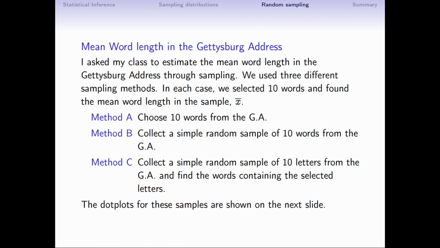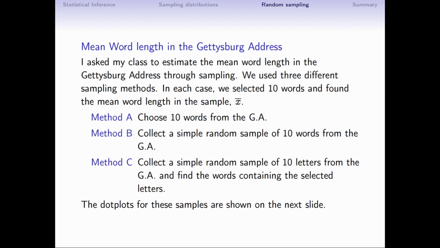Now, here are the 3 different sampling methods. Method A was to simply look at the Gettysburg Address in front of you, circle 10 words, and find your sample that way, right? So it's just like visually scanning the document and just selecting 10 words at what you think is a random way.